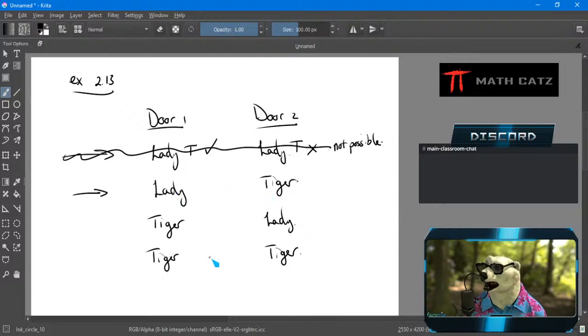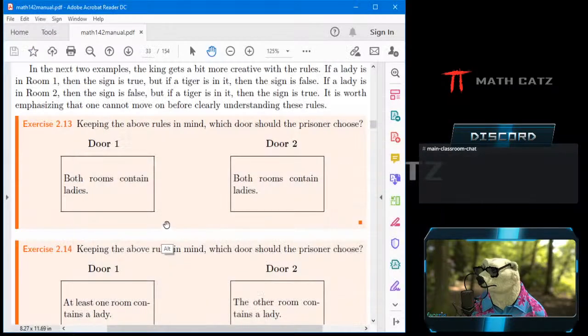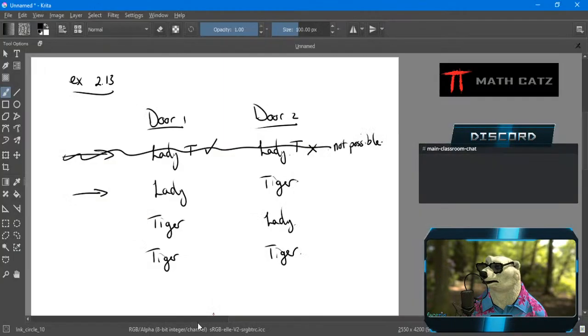Lady Tiger scenario. So door 1 says both rooms contain ladies. That is obviously, I hope, false. It's not the case that both rooms contain ladies.